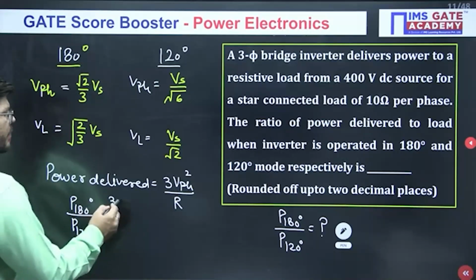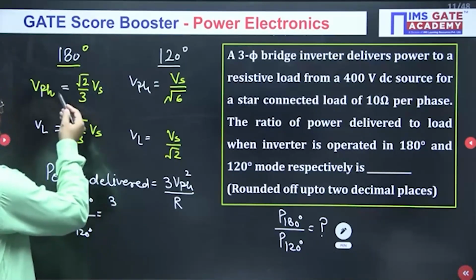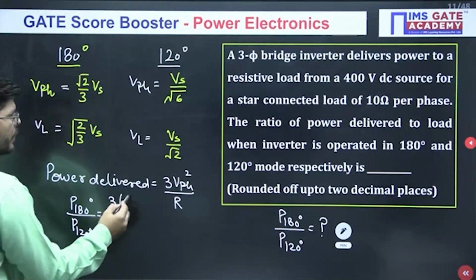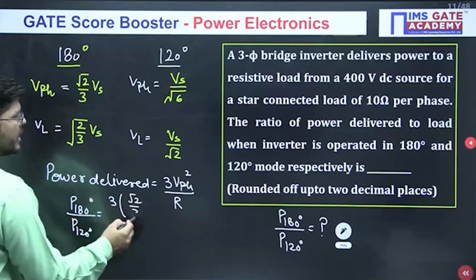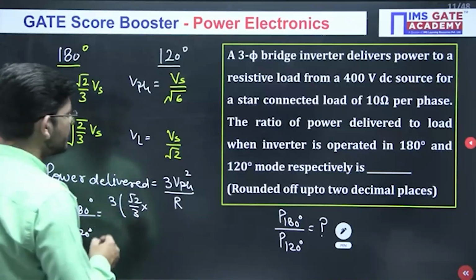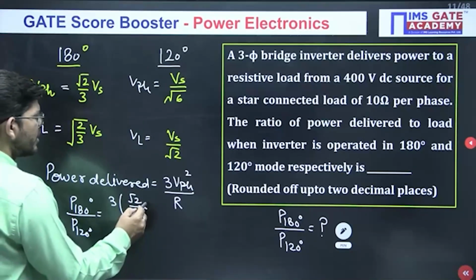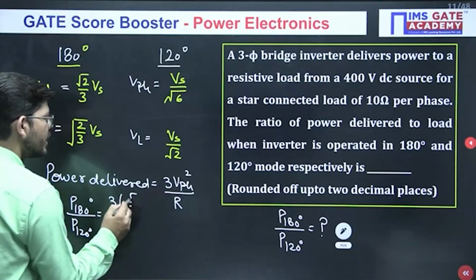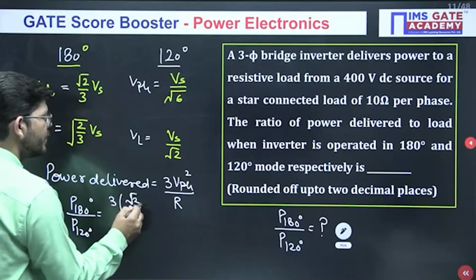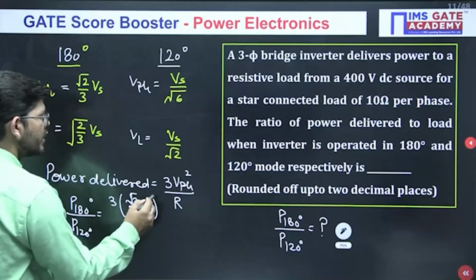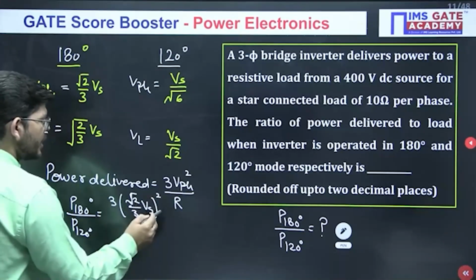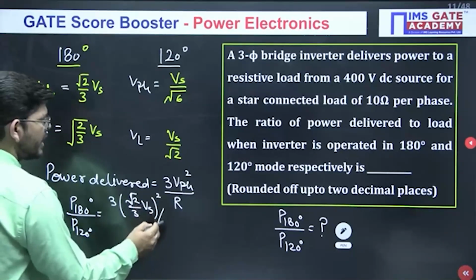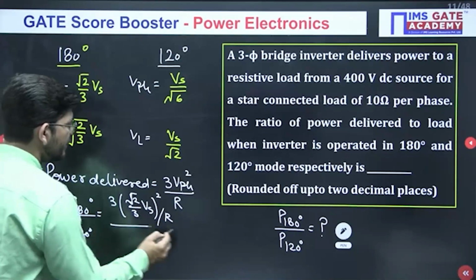We get 3 times V phase in 180 degree, which is root 2 by 3 into Vs, 400 volt. Or I can simply write Vs here, because Vs will cancel. Root 2 by 3 Vs square, divided by R. This is for 180 degree.